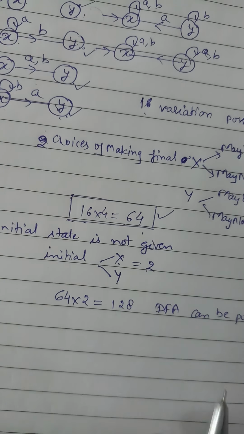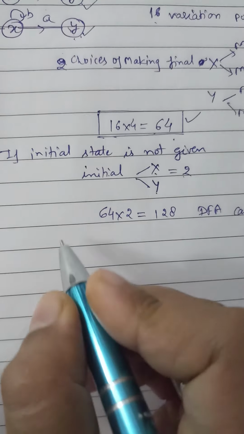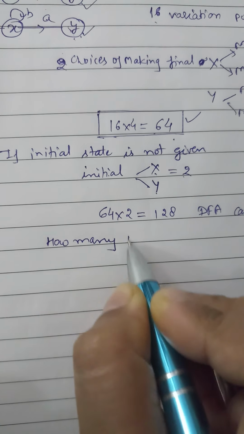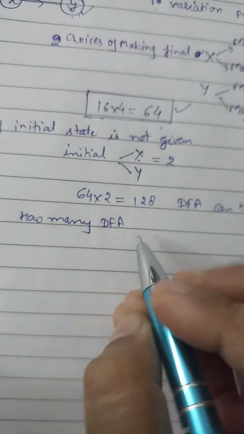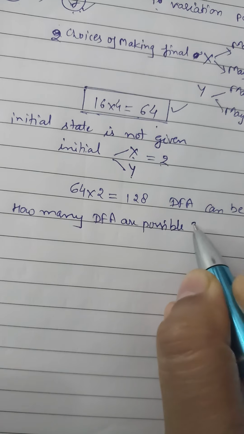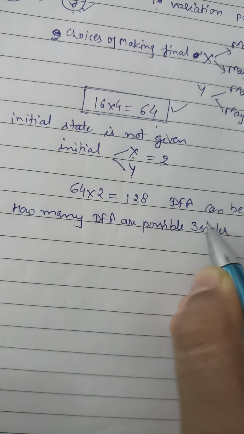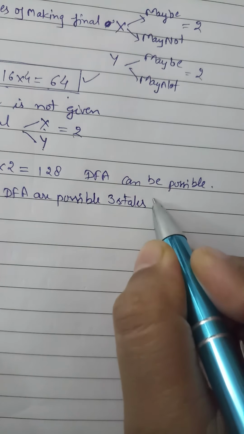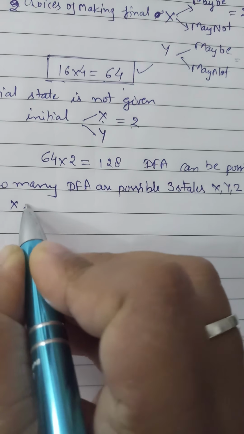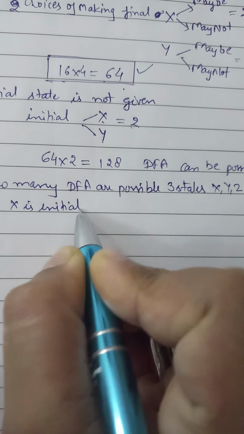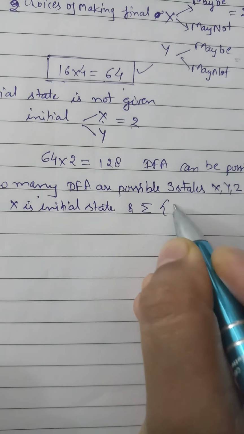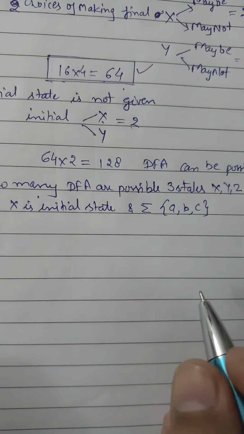In a similar way, how many DFAs are possible if we have three states, x, y and z, where x is the initial state and the alphabet is A, B and C?